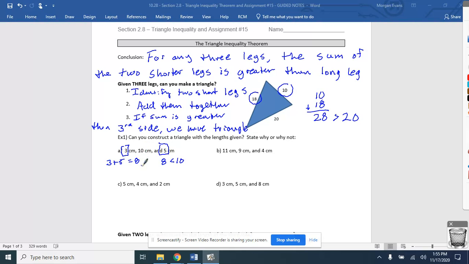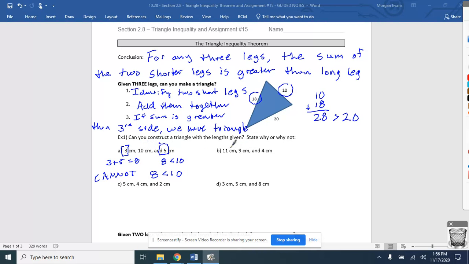Since that is less than the third leg, we cannot have a triangle. Why can we not have a triangle? Because 8 is less than 10. The sum of these two sides is less than the third side.